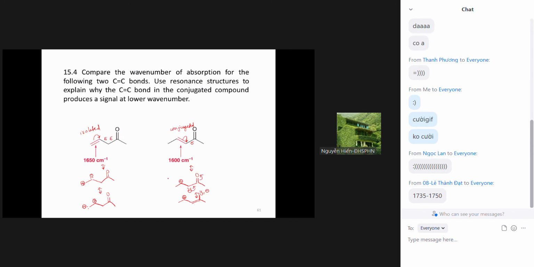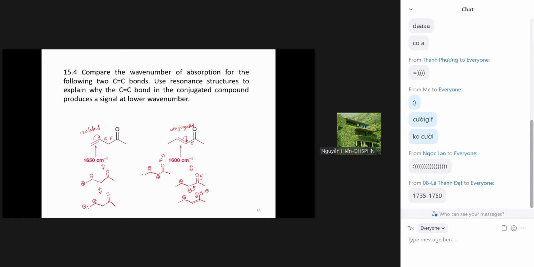Actually, I can draw another resonance structure like this. So on the right structure, you have 4 different resonance structures, and on the left, you have 3.